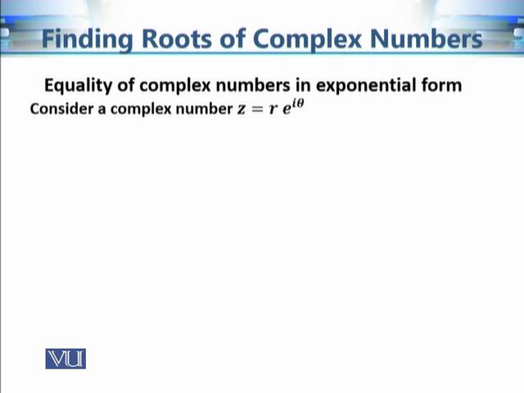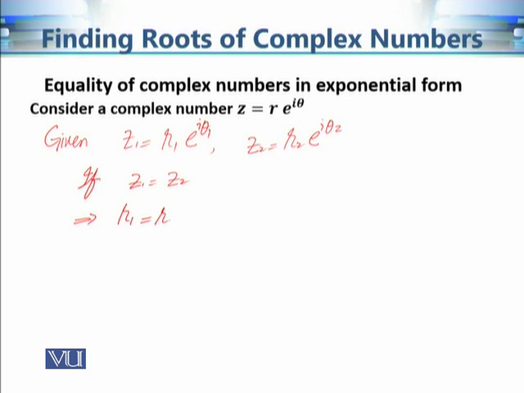Now, if I'm given two complex numbers, r1 e raised to power iota theta 1 and another complex number r2 e raised to power iota theta 2, and if we assume that these two complex numbers are equal, then of course their moduli should be equal. In other words, r1 should be equal to r2. And as a first observation, it comes to our mind that theta 1 should be equal to theta 2.